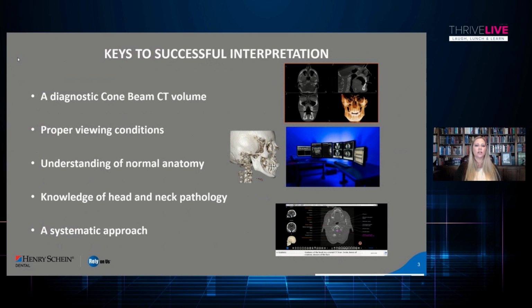So, the very first thing, we want to think about a key to successful interpretation. It's very important we start with a diagnostic cone beam CT. What does that mean? Well, that means that we can actually visualize what's occurring in our scans. It is possible with some of our technology to actually have image quality that is too low or to unfortunately mismanage the amount of radiation or the settings that we put in for our patients.